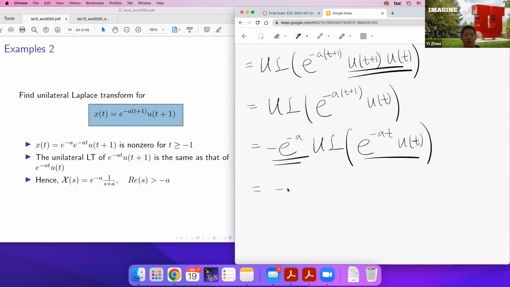And because it's causal, it equals the Laplace transform. Now we know the Laplace transform of this causal signal. So I don't have a negative sign here.